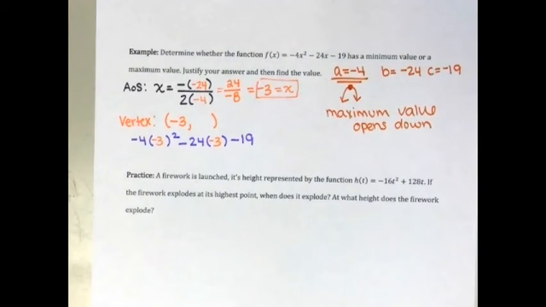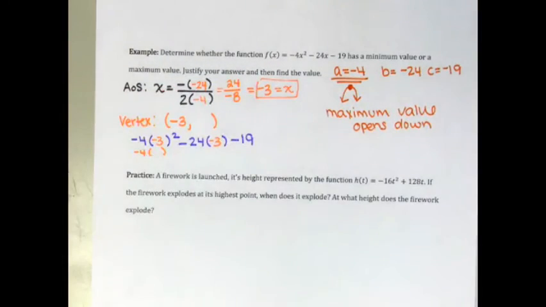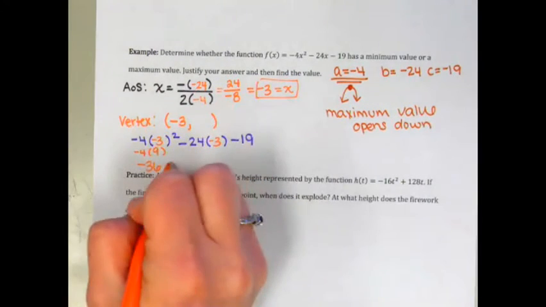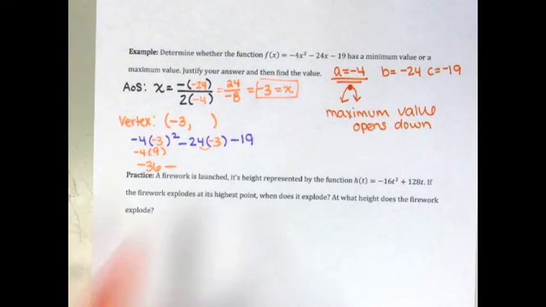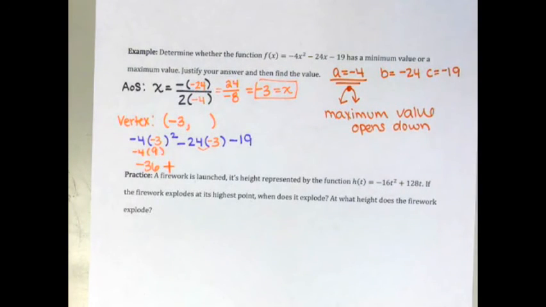What's -3 squared, or 3 squared? 9. And what is -4 times 9? -36. We have minus 24 times -3, or two negatives will make a positive, so I'm going to put a plus sign. And what's 24 times 3?